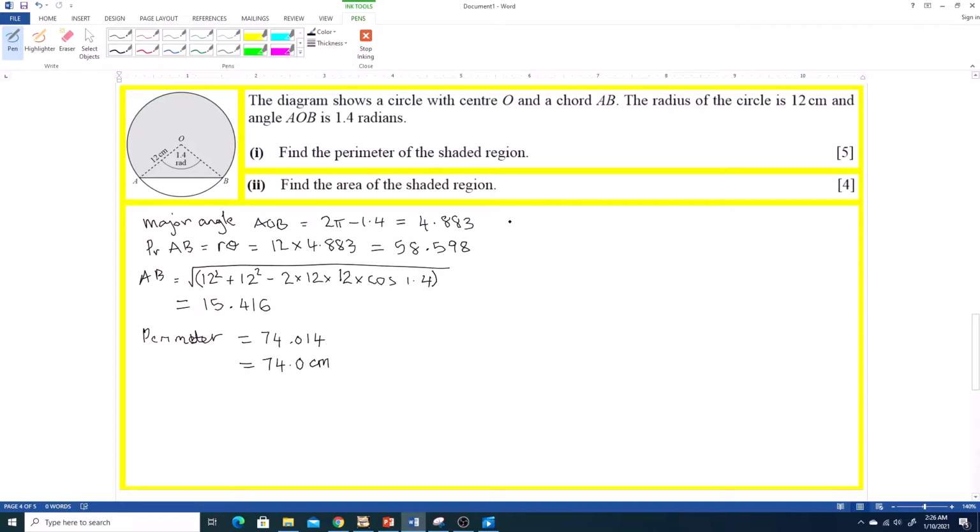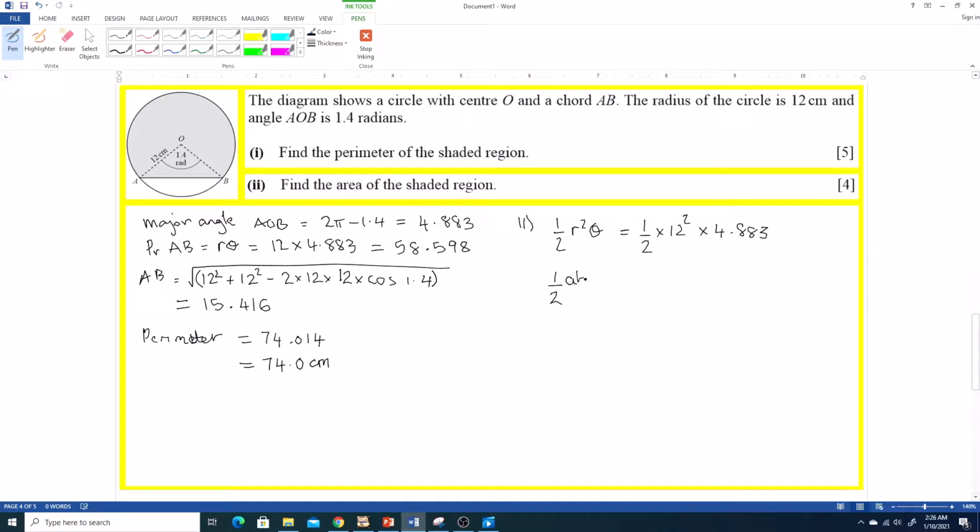So the area of the major sector is going to be a half r squared theta, which is a half, our r is 12, so 12 squared, our theta is going to be 4.883, and the area of our triangle is a half AB sine theta.